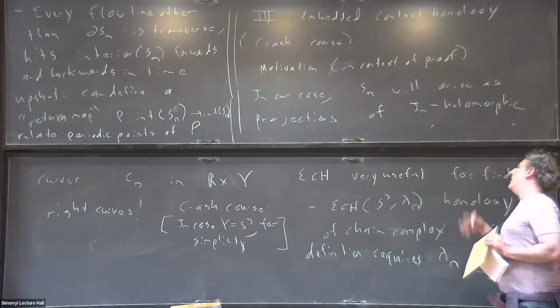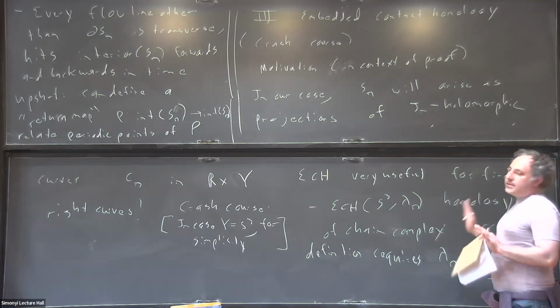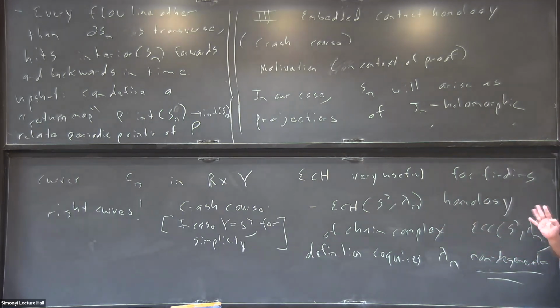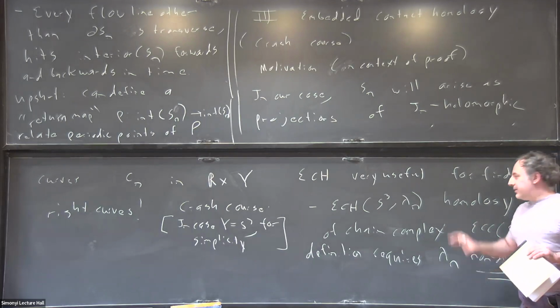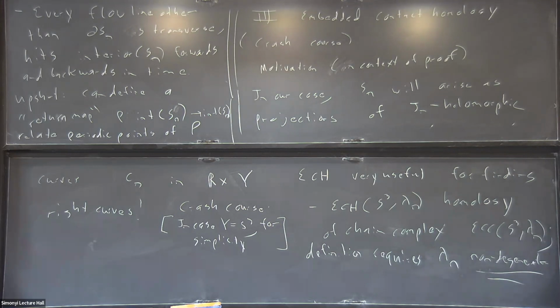Here it's a little bit better because you can assume the contact form has finitely many orbits, which helps a bit. But it's a big mess if you work directly with lambda. On the other hand, if things are non-degenerate, you have a lot more structure. So this is why we're taking perturbations in the first place.